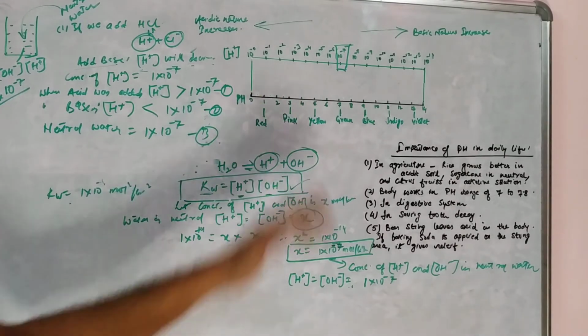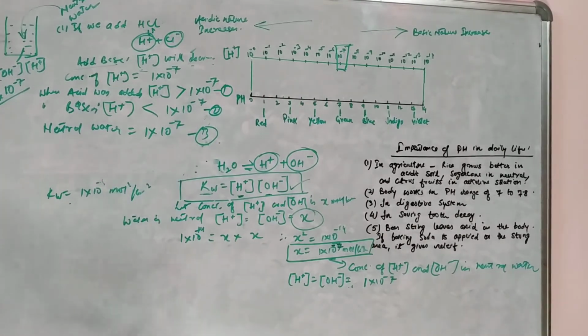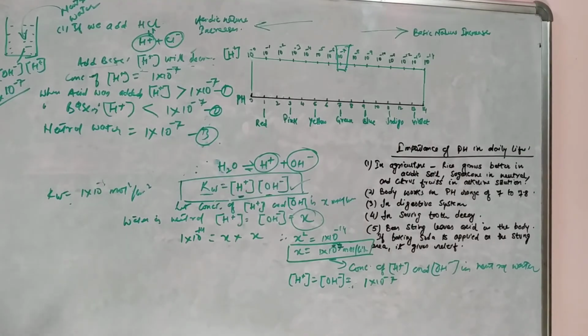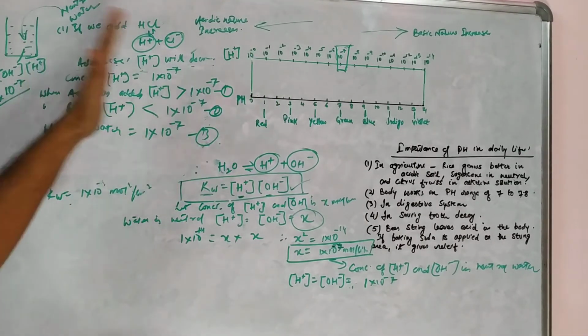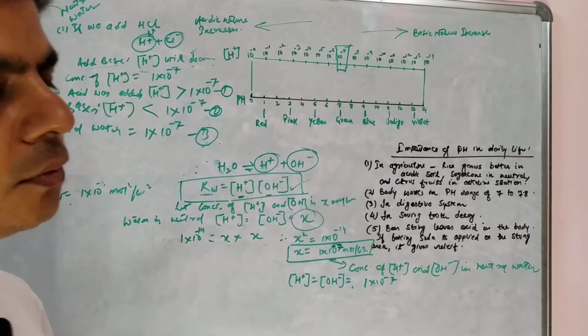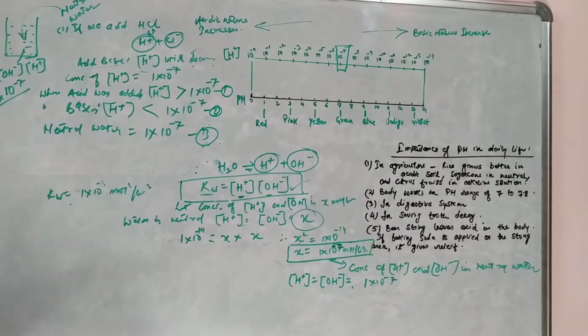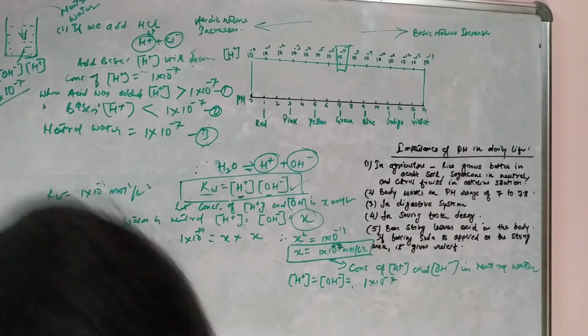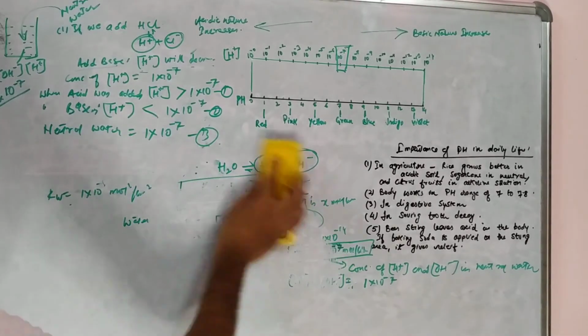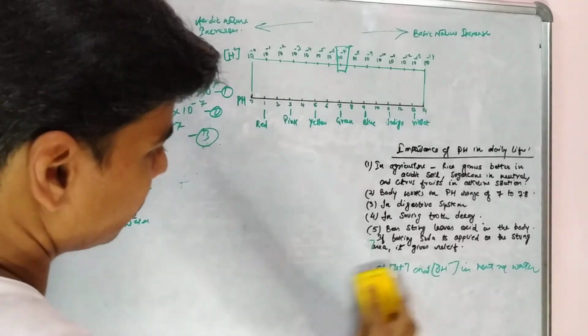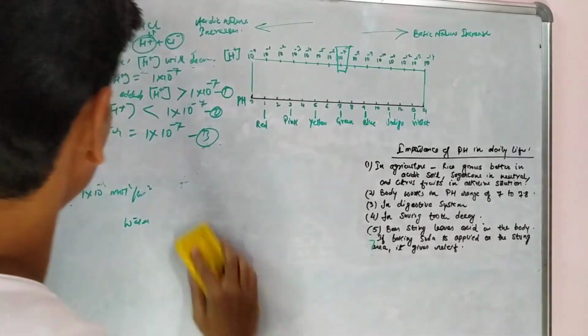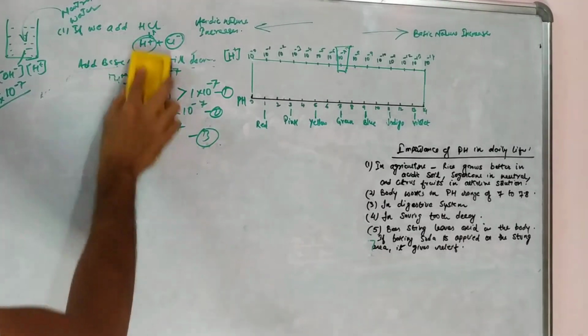This is the basic of the pH scale that you need to understand. If you don't understand this, the pH scale concept would not be clear to you. So let's first rub this. You can take down all this. You may not find all this clearly in your books.